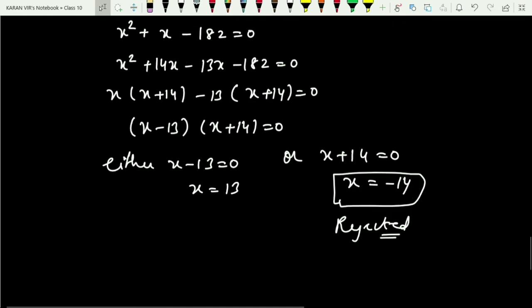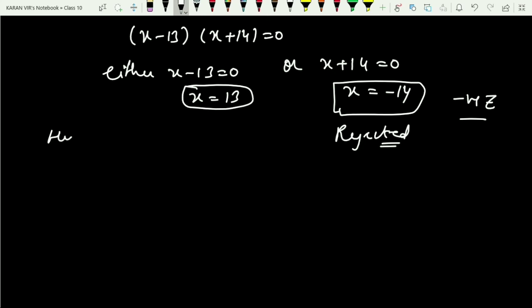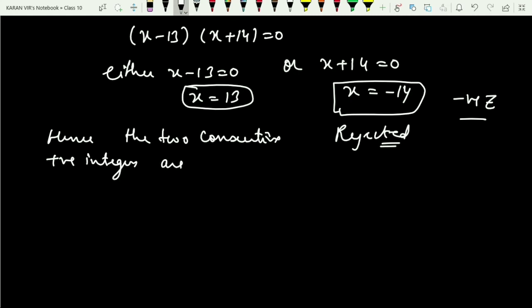This is a positive integer and this is a negative integer. So this case is rejected. So the value of x is 13, and hence the two consecutive positive integers are 13 and 13 plus 1, which is 14.